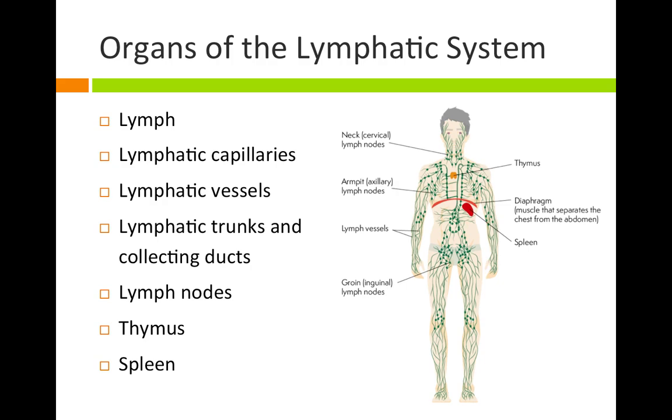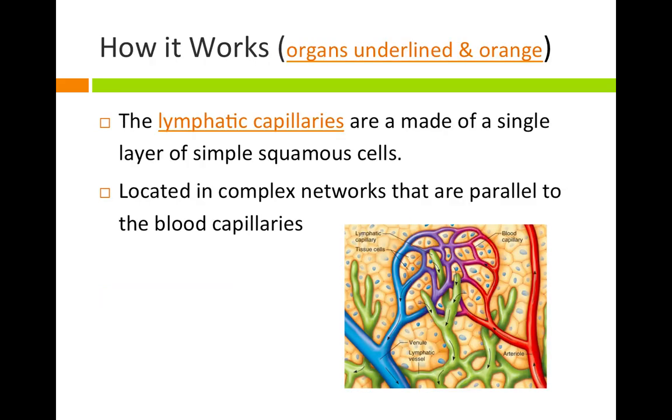These are similar to our cardiovascular capillaries, blood vessels, and bigger blood vessels, like, for example, your aorta or your superior vena cava, the really big ones. You have lymph nodes, which you've probably heard about when you go to the doctor or when you're sick. You have your thymus, which is found in your chest, in your mediastinum, and you have your spleen, which is located over by your stomach and your pancreas.